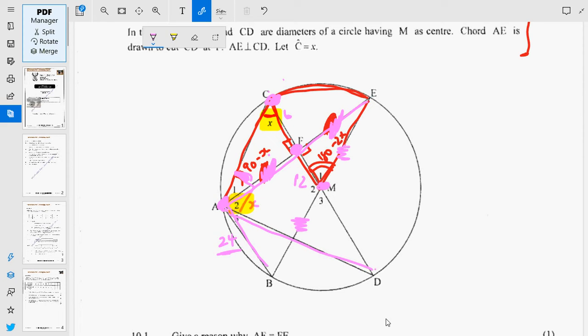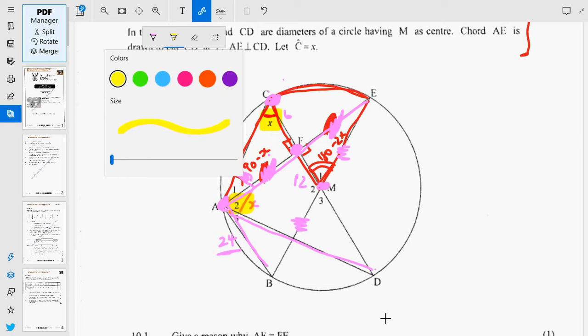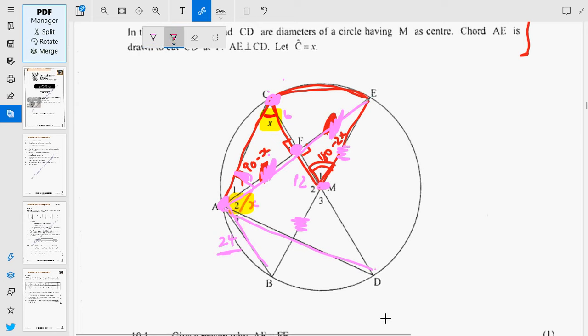So what I've actually got now is the radius, because if you look very carefully, from the circumference to the center is the radius. So that radius is 12 plus 6, which is 18.